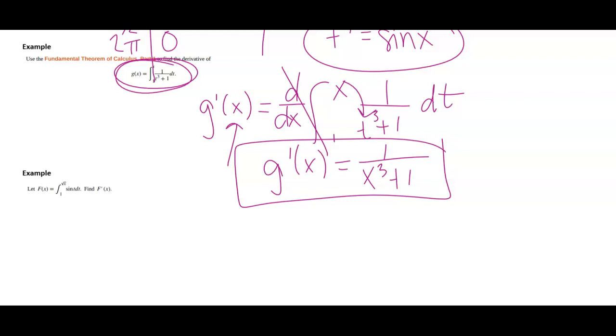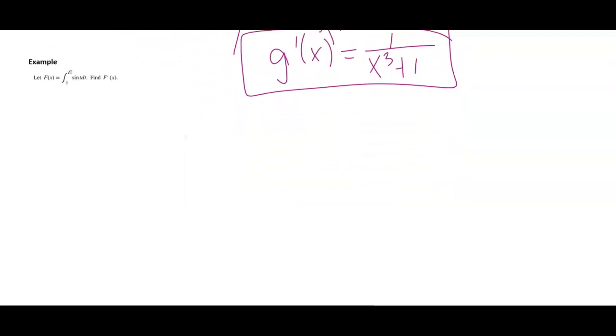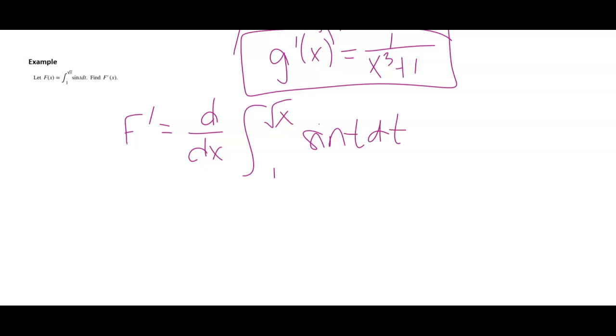Now, if you end up having a bound that is not just x, we do have to use chain rule. So on this one, if I'm taking big F prime, so I'm taking the derivative of the integral from 1 to root x of sine of t dt, it is true that these two still cancel, and I need a variable here that has an x in it, because this is big F prime of x.